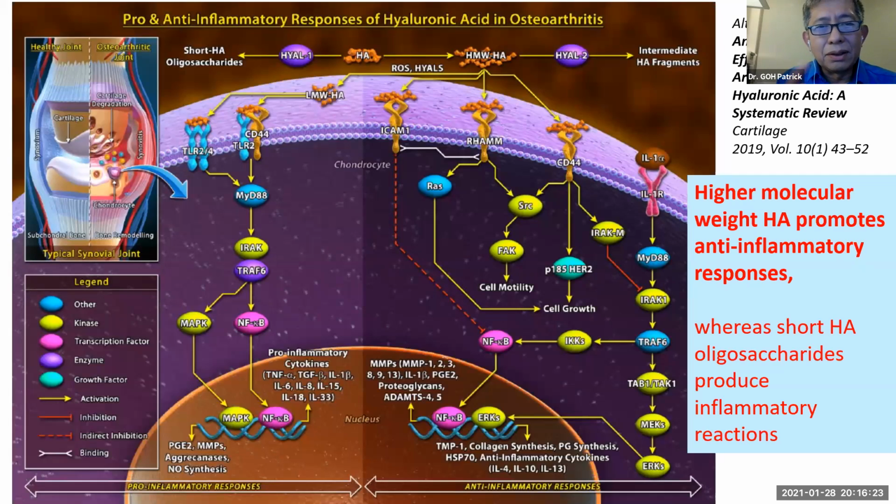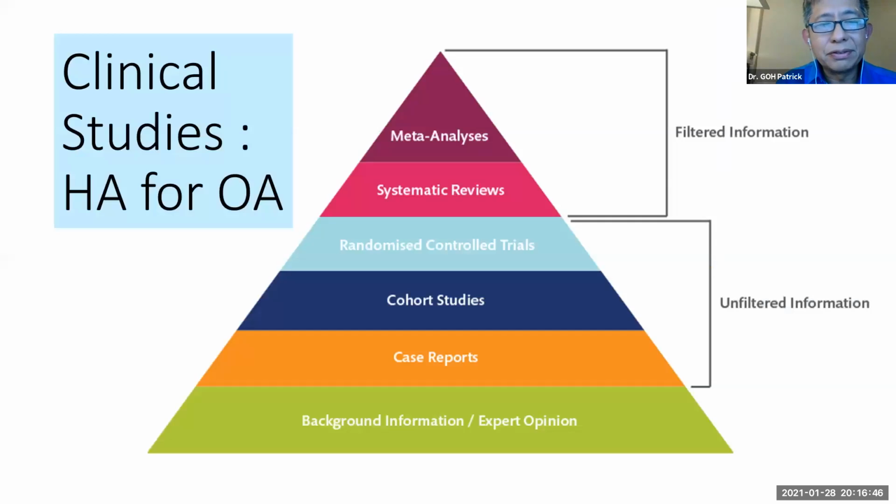This is his model, and the interesting thing, found in the same publication, is that higher molecular weight hyaluronic acid promotes anti-inflammatory responses, but the shorter oligosaccharides may produce inflammatory reactions, may be more pro-inflammatory. So higher molecular weight seems to be more beneficial.